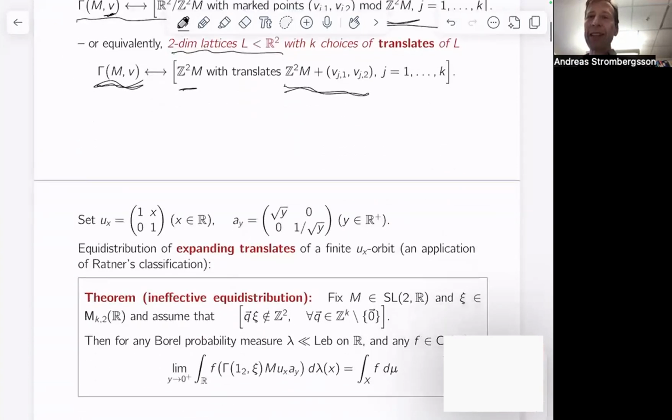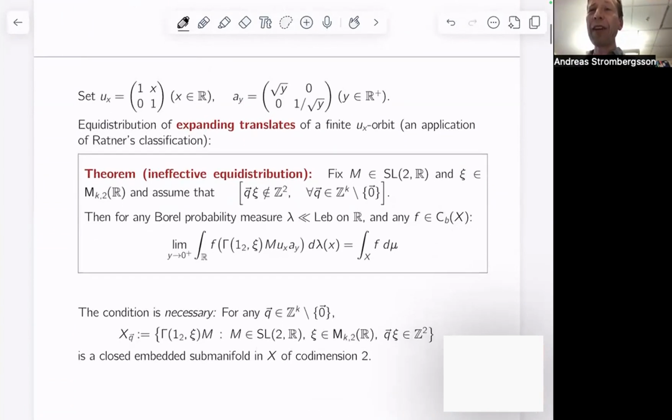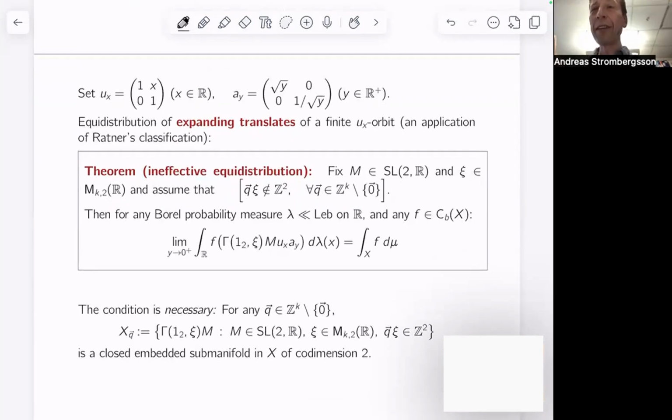Okay, so now I will state first the equidistribution result without any rate, so an ineffective equidistribution result. So on this space X, we consider these one parameter subgroups. Here's a unipotent, and I should say, when I have a matrix in SL2R, SL2R is embedded into G in the natural way that you just take 0 in the fiber.